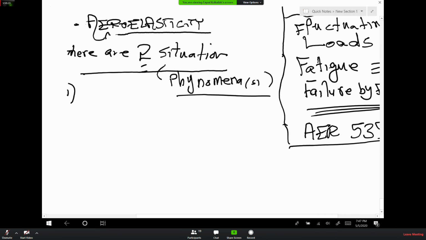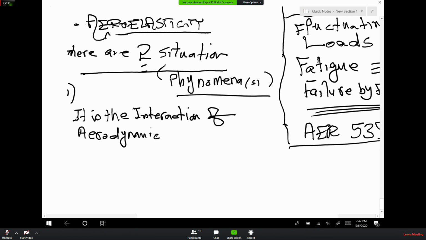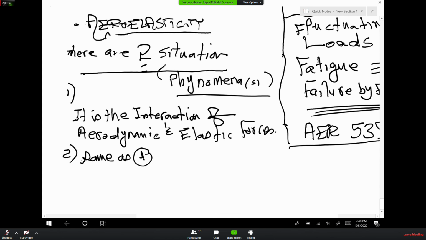Number one is, as we said, I'm repeating myself, the action of aerodynamic and elastic forces. Okay, thank you. That's number one. We said that before. So what is number two? Same as one. That's why I repeated number one.